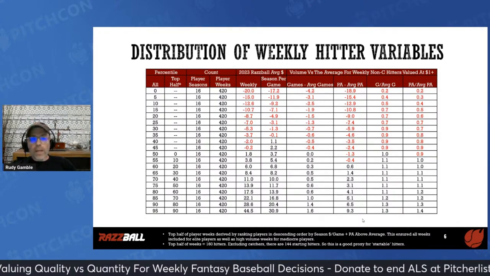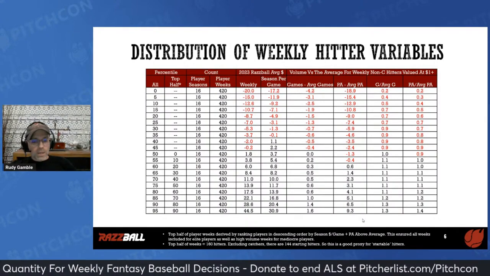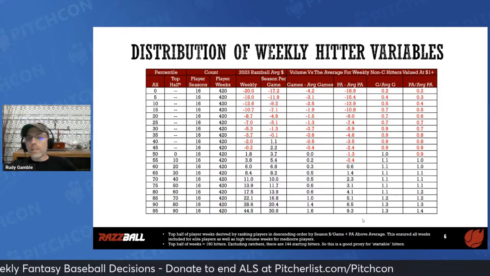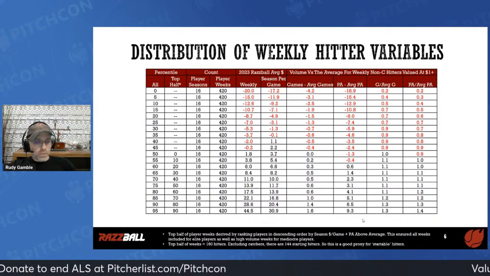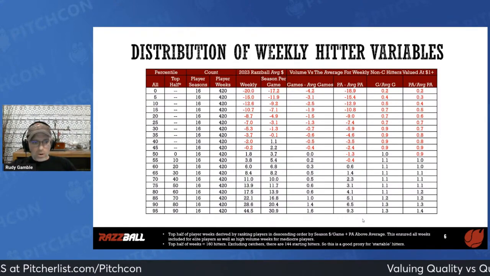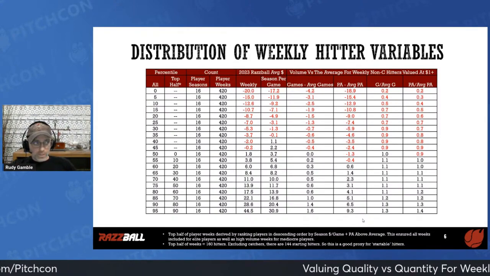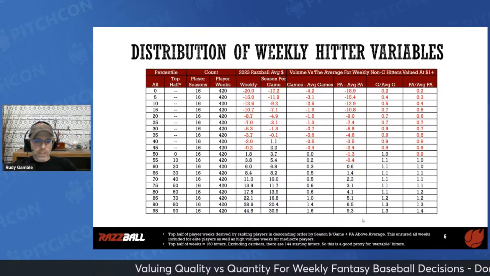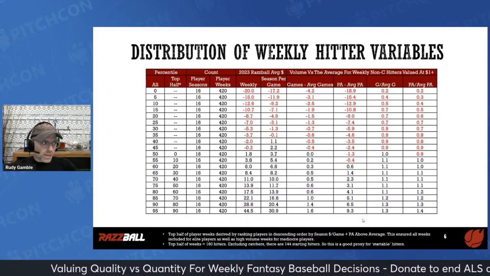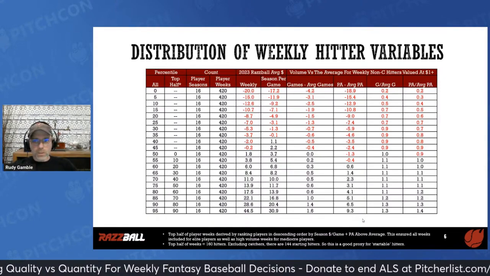Like the best 5% was that a player played 1.6 games more than the average starter for a given week. But that's hard. Only the top 15% get above 1 game. And plate appearances tends to be about 4 to 5 times whatever the games are.